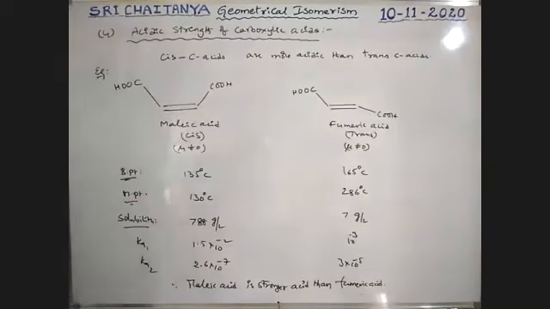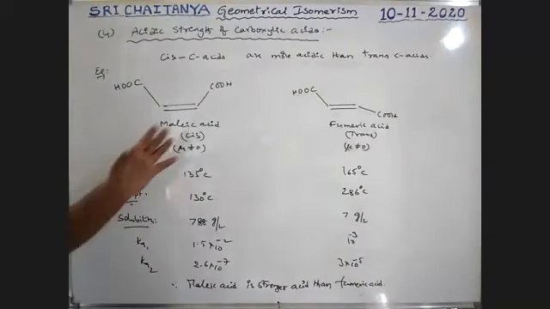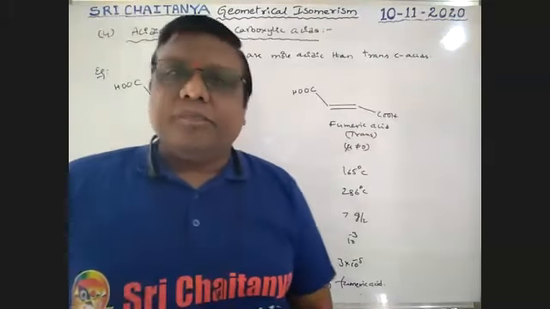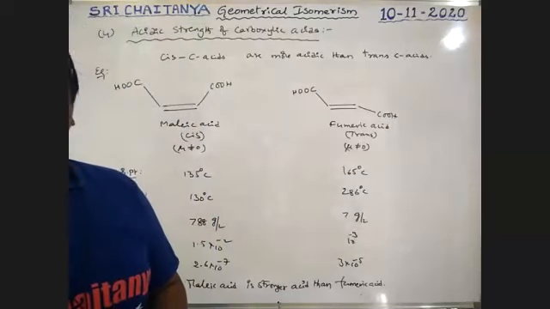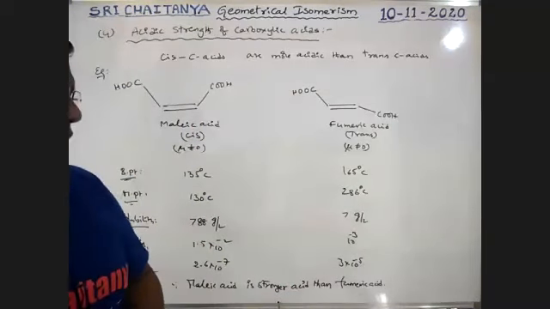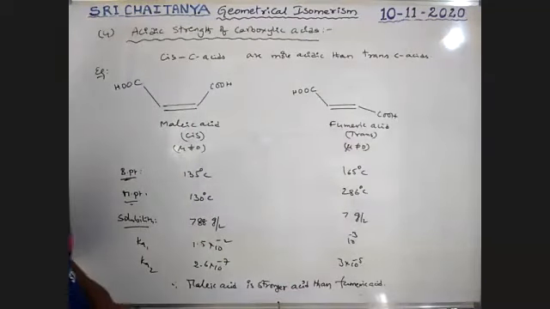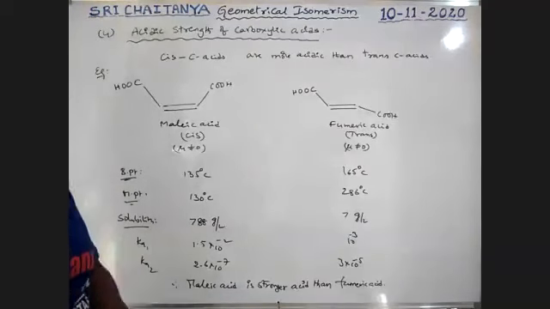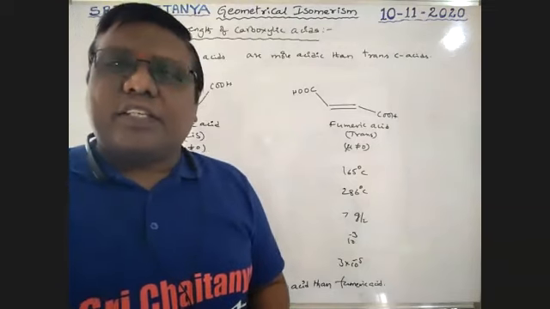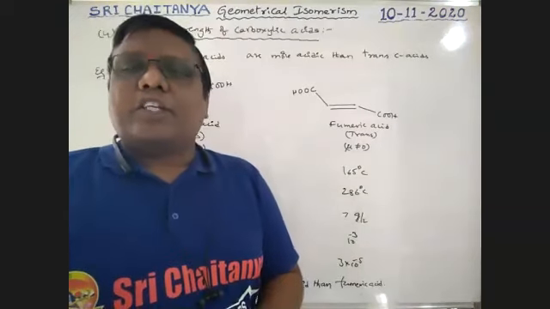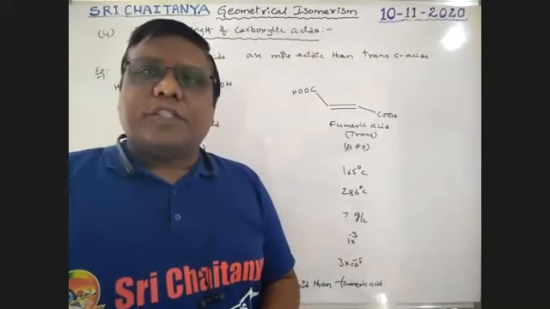Malic acid is a stronger acid than fumaric acid. That is, cis acid is more acidic than fumaric acid. Okay. So this is about acidic strength. All these we are explaining with the help of cis trans isomerism, boys. Which one is more acidic, which one is less acidic? So this is the application part of cis trans isomerism.